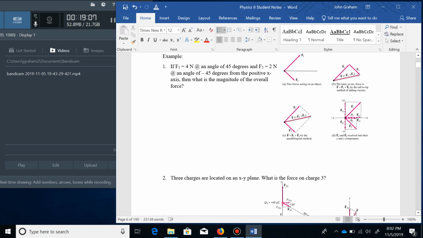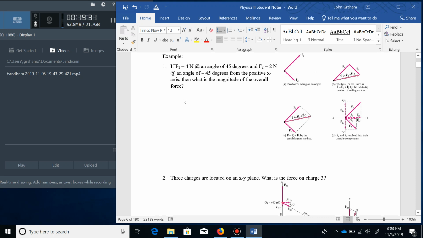Alright, so we're going to do a couple problems here. The first one, you have F1 equals 4 newtons at an angle of 45 degrees. F2 equals 2 newtons at an angle of negative 45 degrees from the positive x-axis.